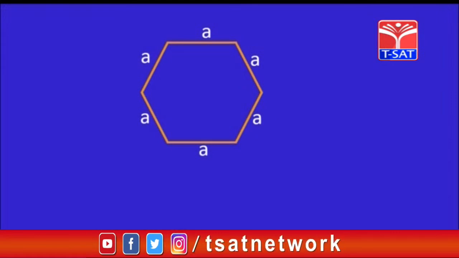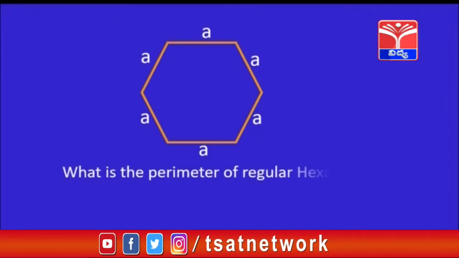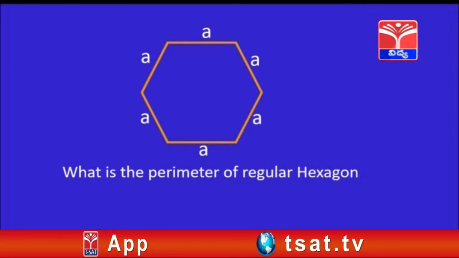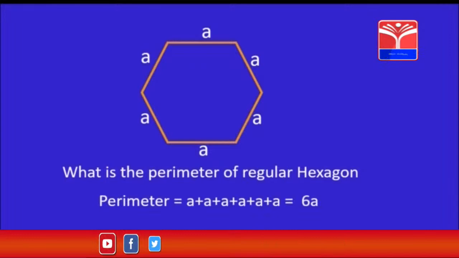Now if there are 6 sides of equal measurements, then what will be the perimeter of this hexagon? Yeah, if the sides are 6, then it is called hexagon. All sides are equal, hence it is regular hexagon. Now add these 6 sides here, we get 6a.